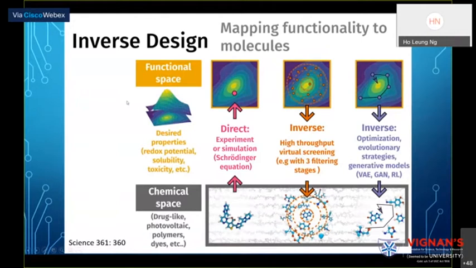There are certain chemical and physical properties that are of interest to us, for example, solubility, toxicity, drug activity. Now, how can we map from functional space to chemical space? We have the desired properties, but to actually get a drug, we need to get a real molecule that can be synthesized and put into a vial and given to patients.